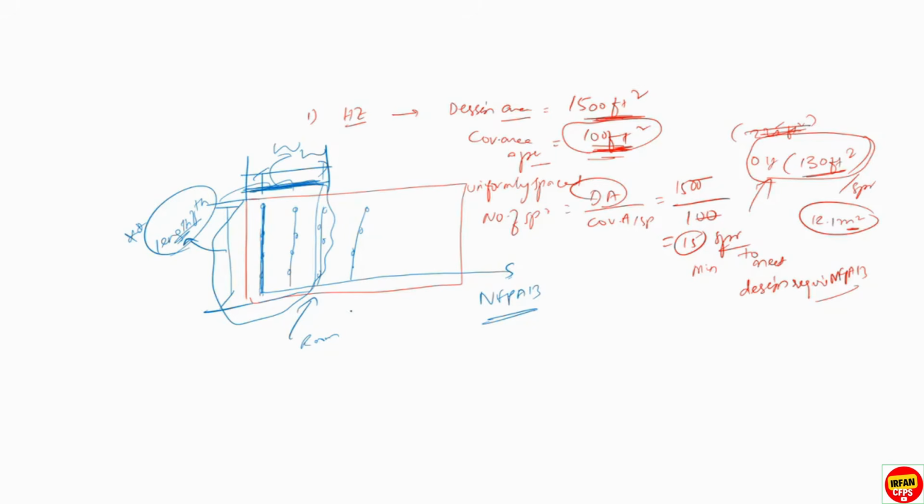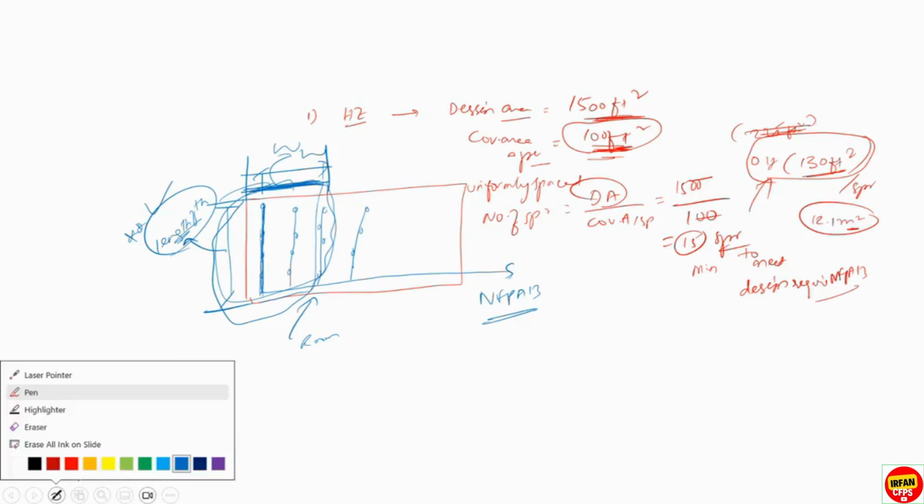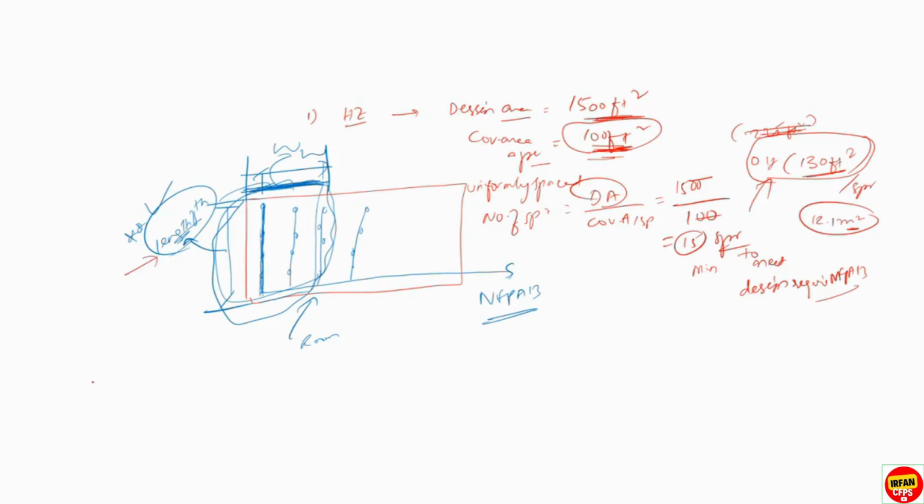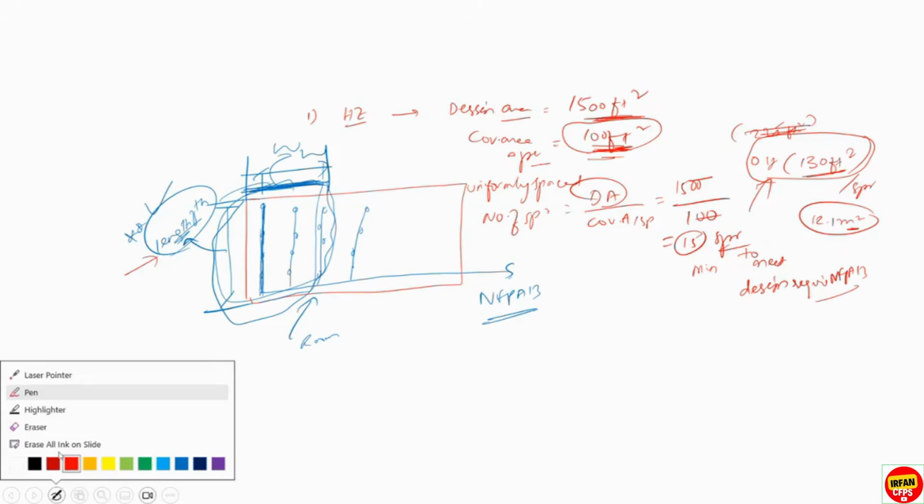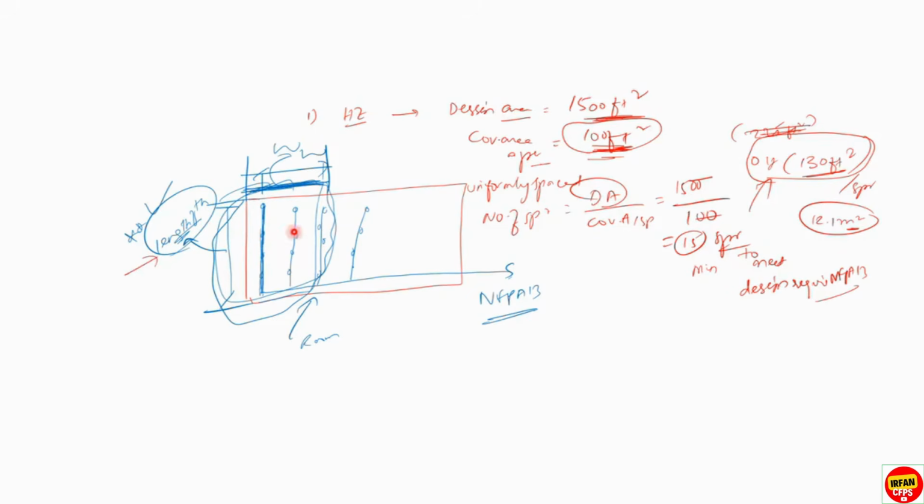Now you know how to calculate the design area, you know how to select the density based on the hazard requirement, and you also know how to calculate the number of sprinklers in the design area. So till now you understood the hazard classification.